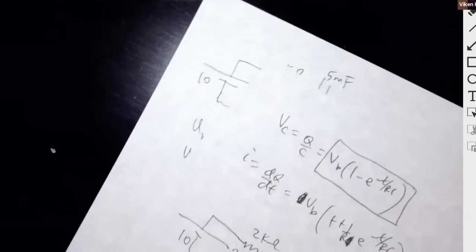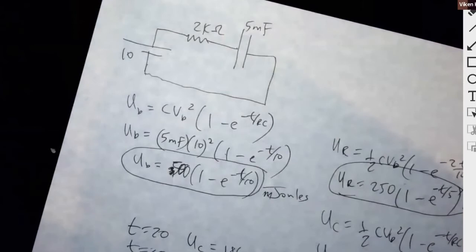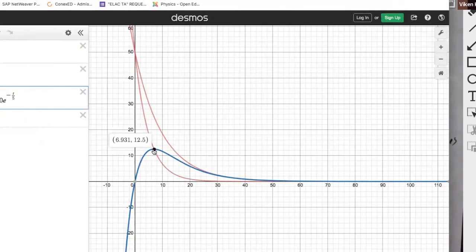Right? You see things very differently when you're learning. Everything has a different meaning. So basically, I'm asking this question here graphically. I want to know how long it takes for the power in the capacitor to reach its max this time.